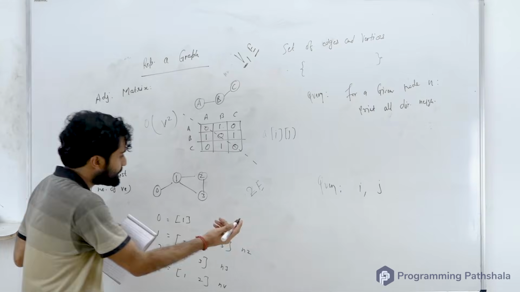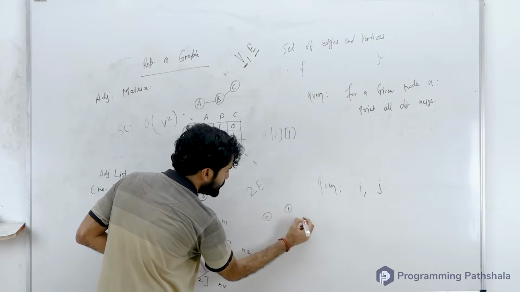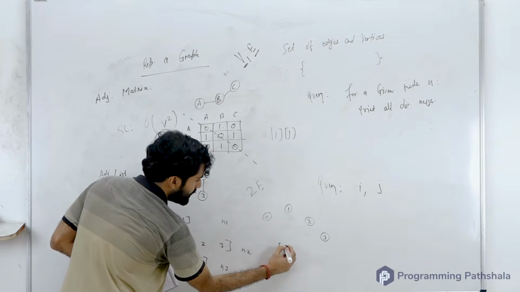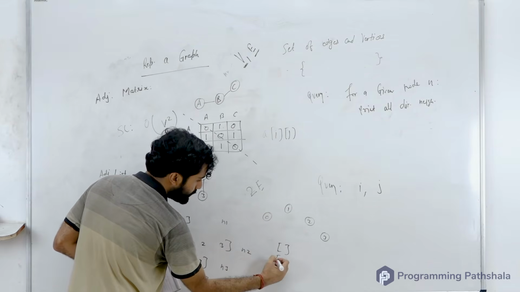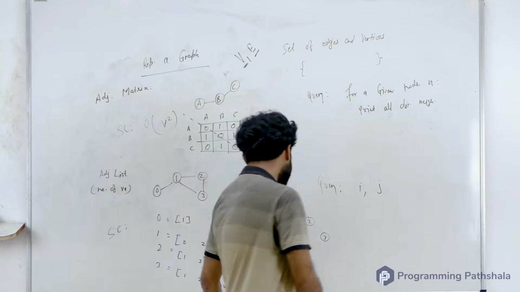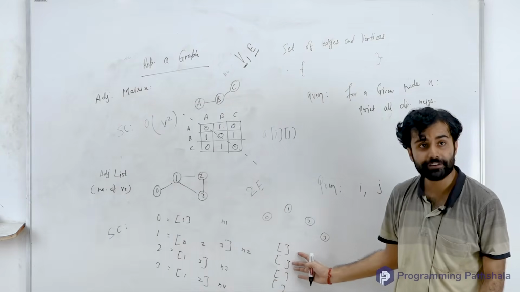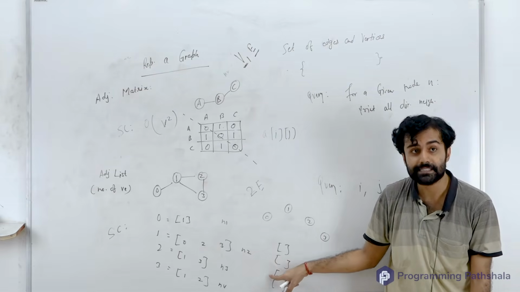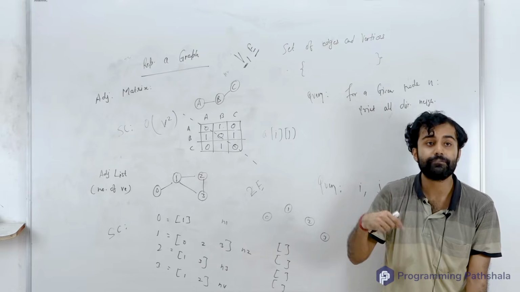Certain times what can happen is that you have a graph like this, 0, 1, 2, 3, with no edges. There will be a list which will be empty for 0, for 1 also it will be empty, for 2 and 3, for everything it will be empty. So there are 4 different lists, but they do not contain any element. But pointers to these lists will exist, like in a vector, right?